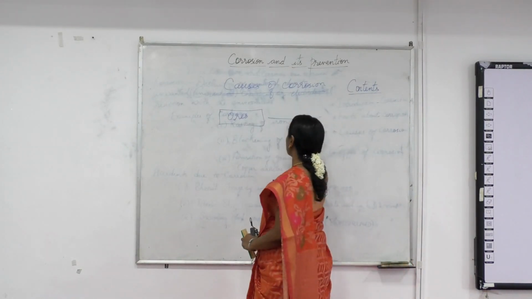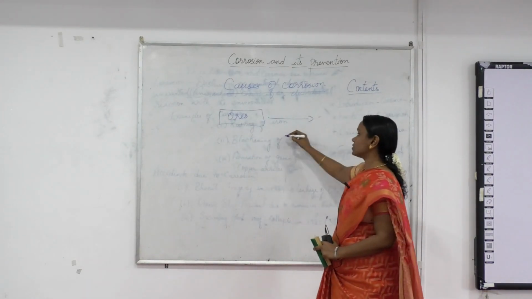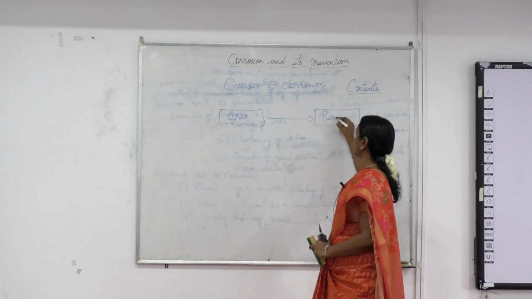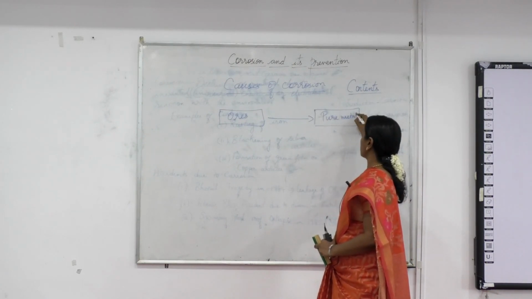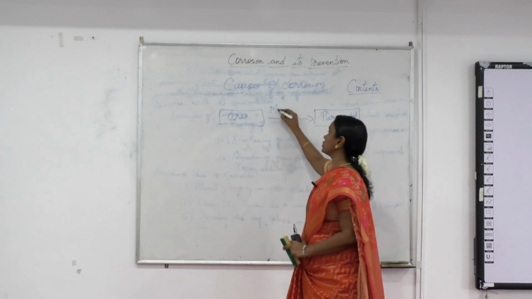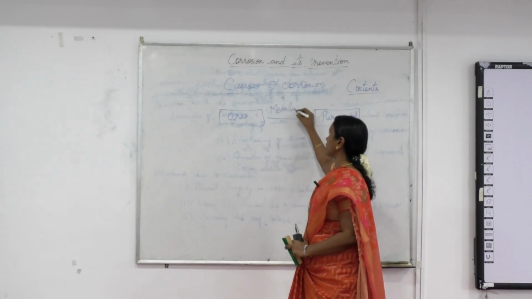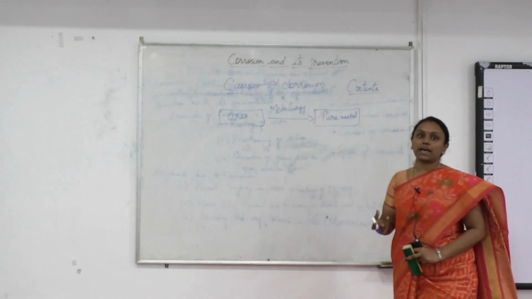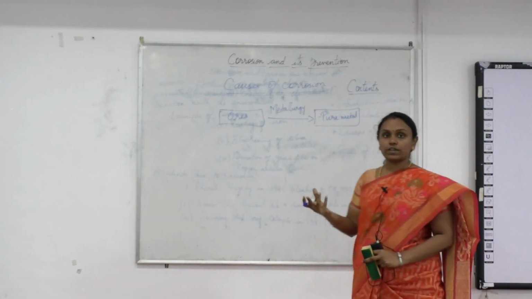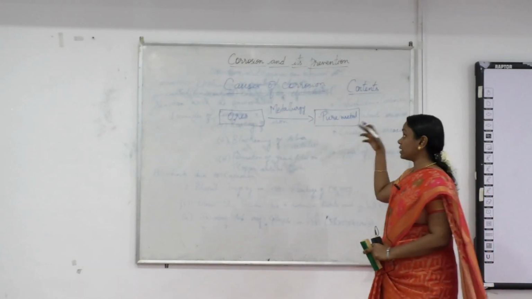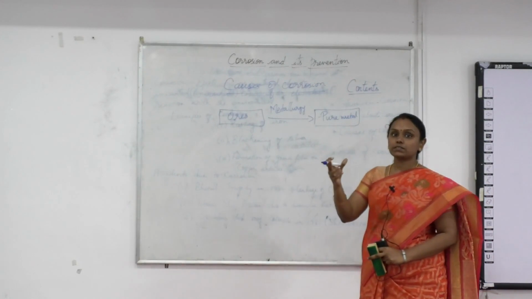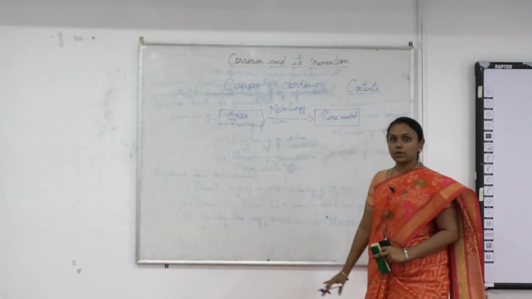So we apply energy and convert these ores into pure metals. This process is called metallurgy, which involves a lot of energy. We do many processes like roasting, calcination, flotation, smelting, and we supply energy and convert these ores, which are in the combined state, into pure metals.